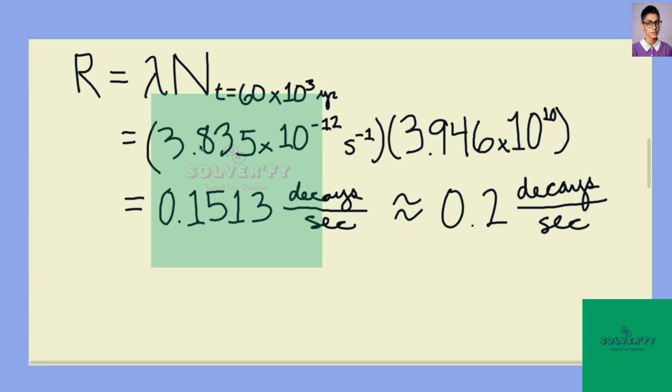Taking that product, 3.835 times 10 to the negative 12 reciprocal seconds times 3.946 times 10 to the 10th nuclei, we have an activity of 0.1513 decays per second, which for one significant figure we express as 0.2 decays per second, which matches the answer in the book.